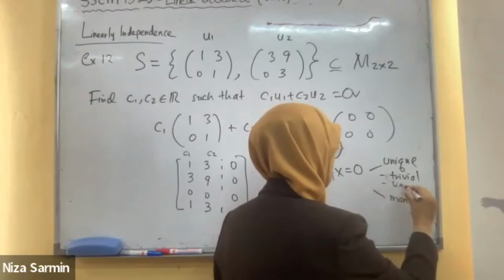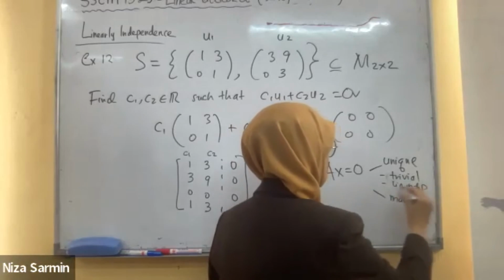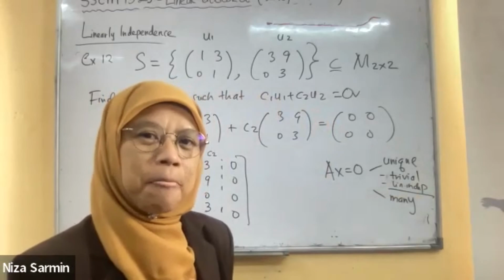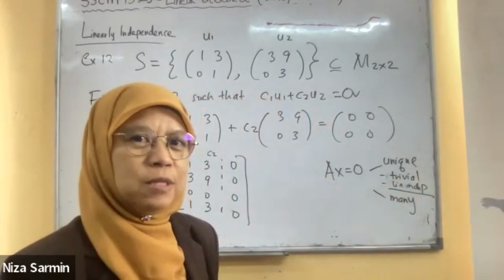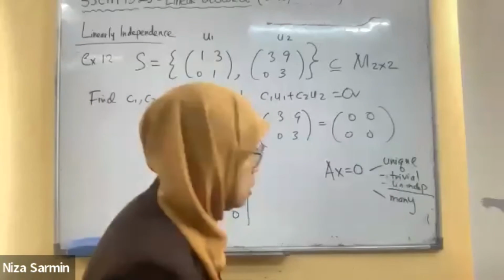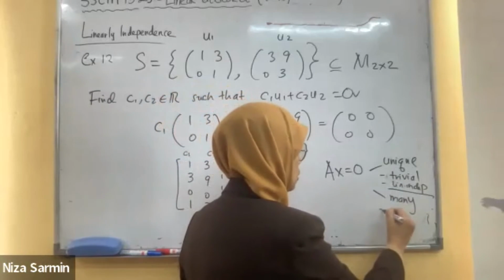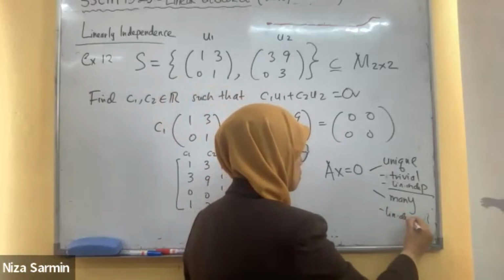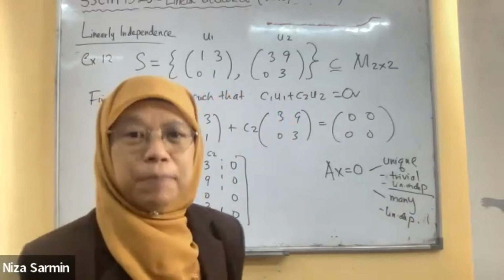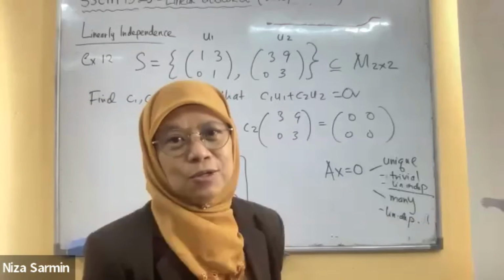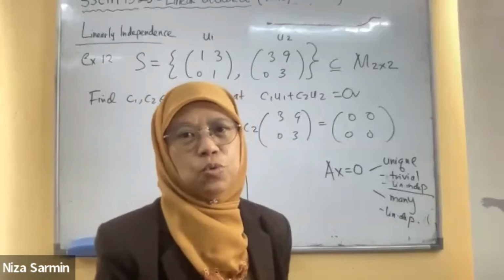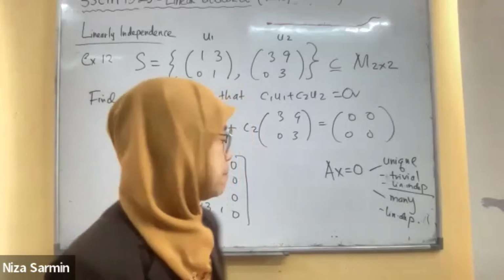Meaning it's linearly independent because all the answers are 0. Okay, you multiply A by 0, definitely is 0. But if it's many solution, when you want to do chapter 3 with this, it's linearly dependent. So from this, you can relate chapter 2 with this part.